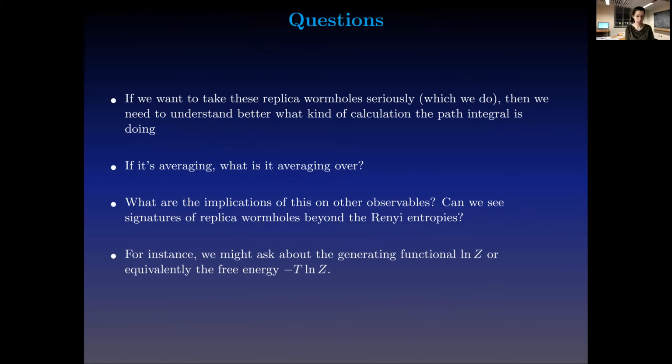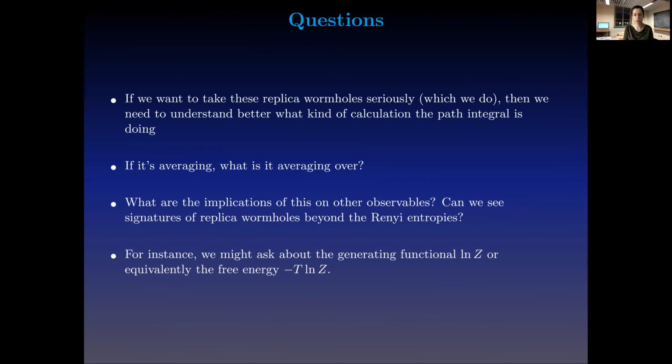It knows about the Bekenstein-Hawking entropy, for example, which is not obvious why, to me at least. And so it's something that I think we need to understand anyway: what kind of calculation the gravitational path integral is doing. In the case of the entropy, we would like to know how to actually compute a minus trace rho log rho calculation of the same entropy. So that's what I mean by understanding better what kind of calculation the gravitational path integral is doing.